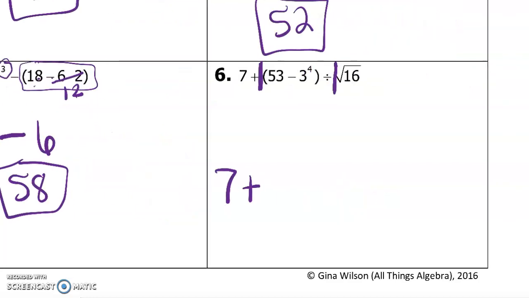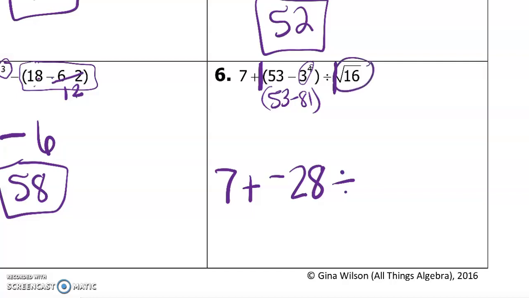So we need to do 3 to the 4th first. That gives us 81. So in my parentheses, I have 53 minus 81. That gives me negative 28. So negative 28 is what I bring down in the middle. And then I have my division sign. The square root of 16 means what times itself is 16, and that gives us 4.